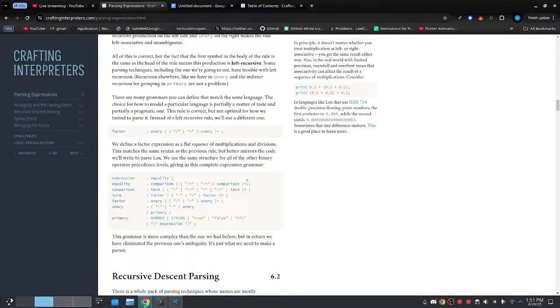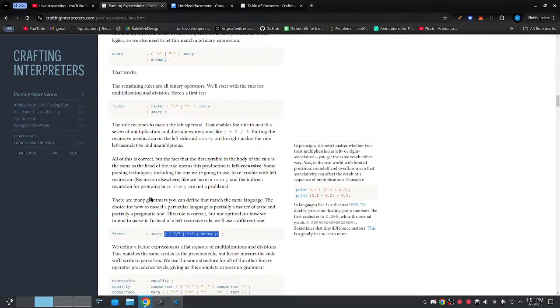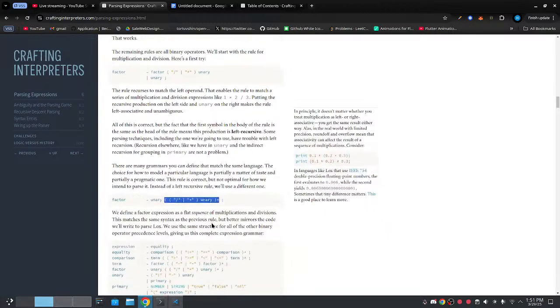Okay, a factor would give a unary and forward slash or star unary, and this star means that this could be repeated zero or infinite times. So if we see here, factor gives unary. Okay, this is fine. If it doesn't even go for once, factor gives unary.